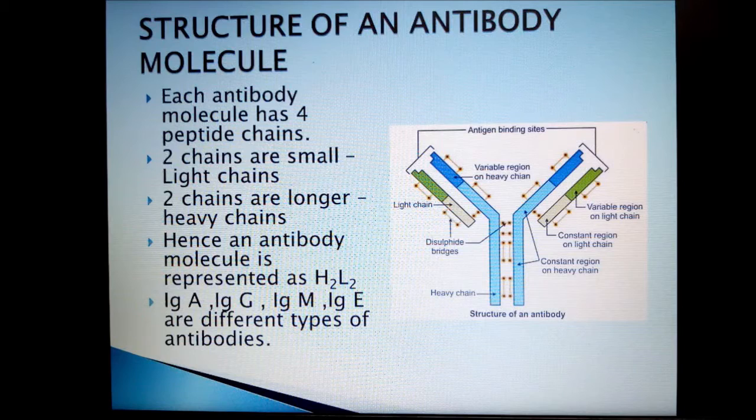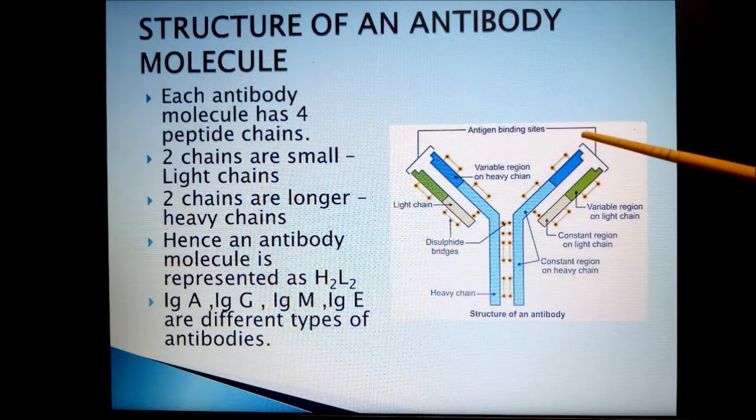So, you can represent the antibody molecule as H2L2. Now, in this structure, you can see there are two regions. This tip portion of the heavy chain and the light chain is called the variable region.